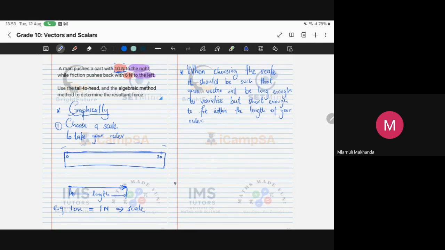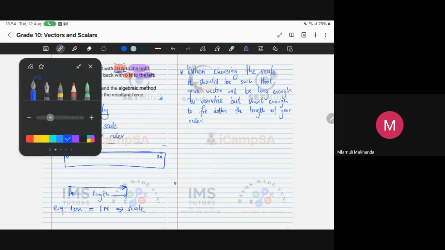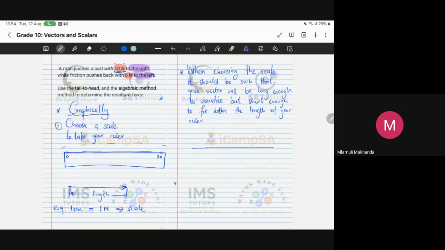Right. So let's take this example that we already have. Let's say we choose a scale of 1 centimeter represents 1 newton, right? If you choose that scale, it means if you draw a vector that is 1 centimeter, you would have 1 newton.